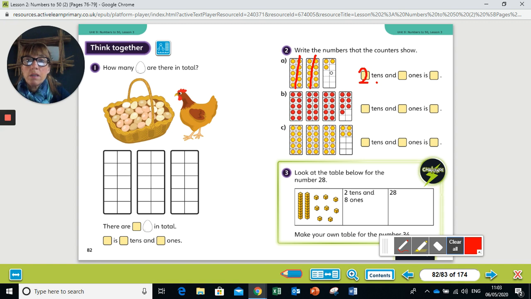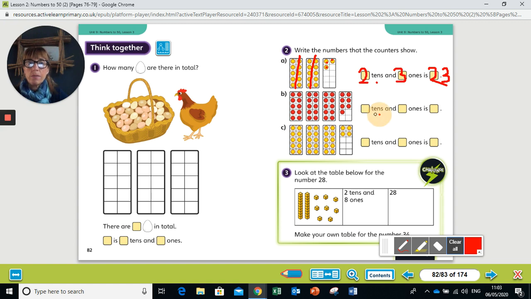How many ones? 1, 2, 3, 2 tens and 3 ones. What number is that then? If we've got 2 tens and 3 ones, 23. Brilliant. Let's look at this one.